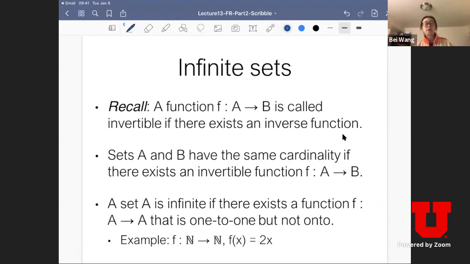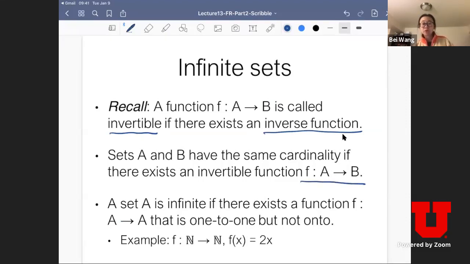So there is a definition of an invertible function. A function is invertible if there is an inverse. And it turns out two sets have the same size if there exists an invertible function between them.